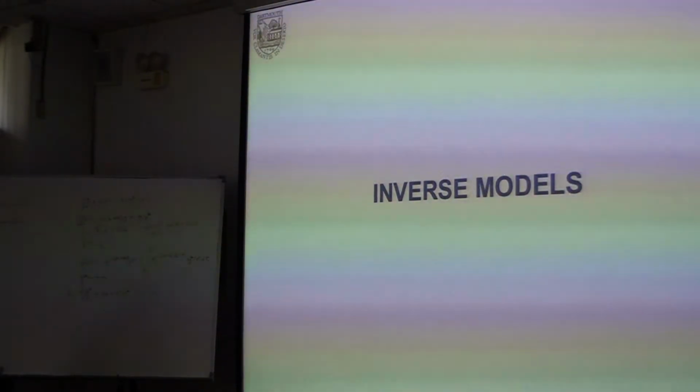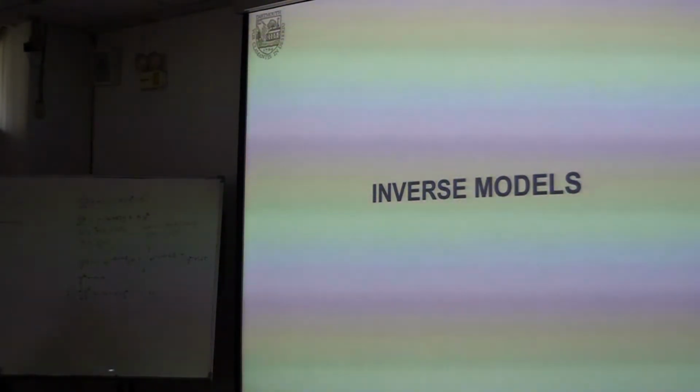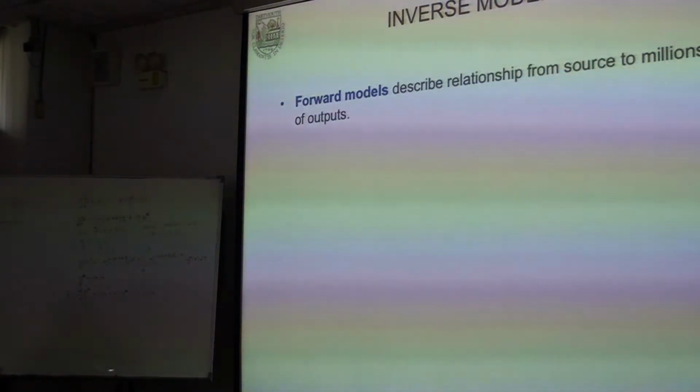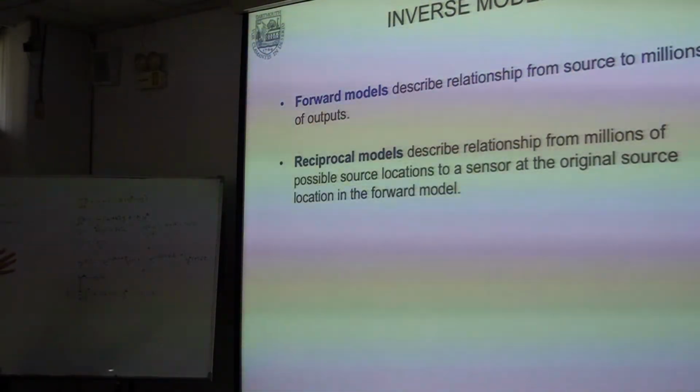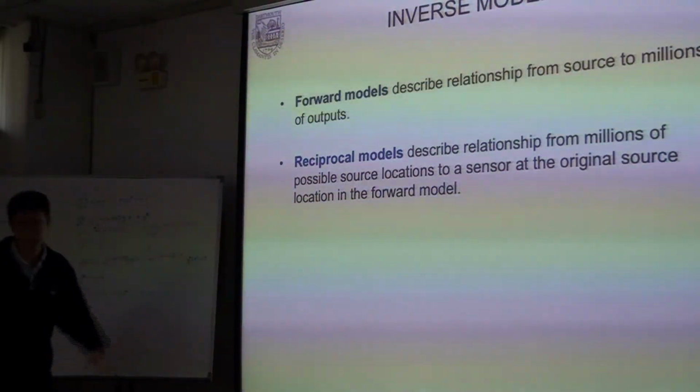And now I want to talk about the inverse model. So what's the inverse model for? Well, to remind you, forward models describe the dynamics from a source to output, input to output. Reciprocal models describe the relationship from millions of possible source locations to a single sensor located at the original source location in the forward model.